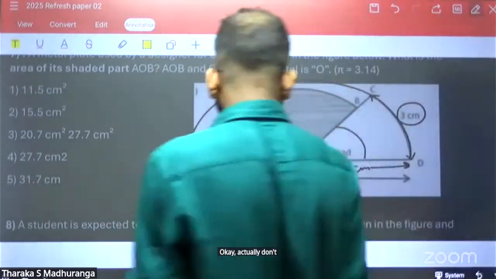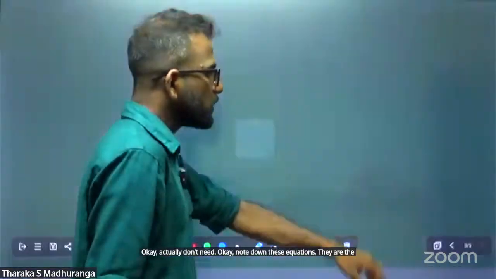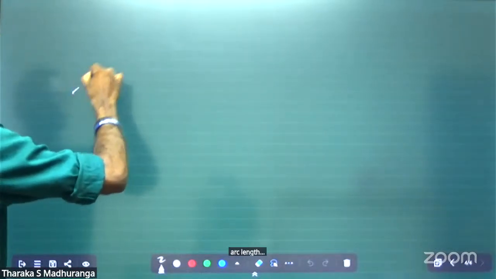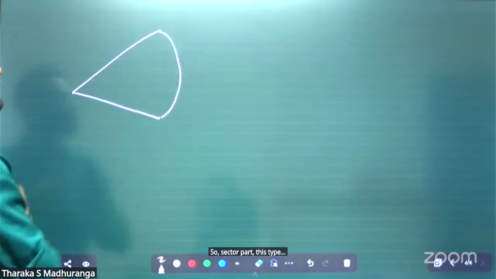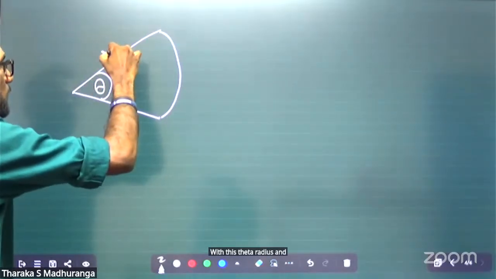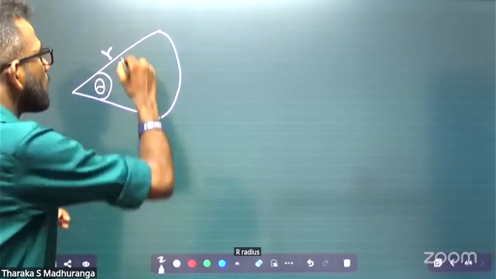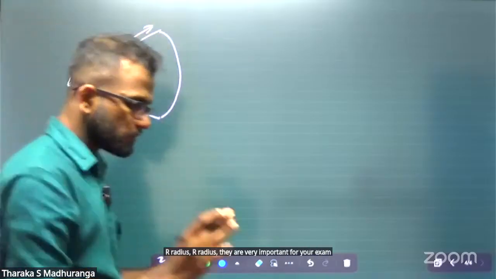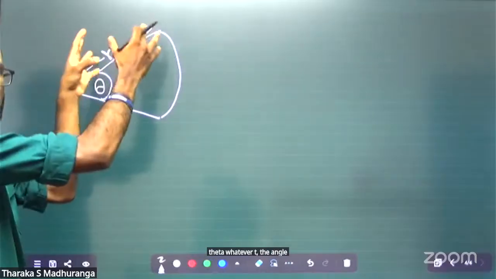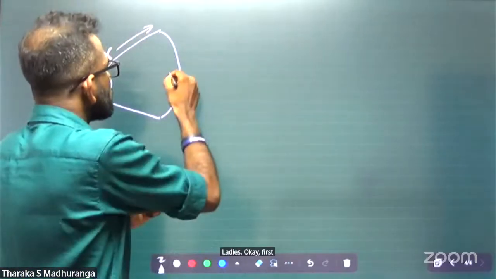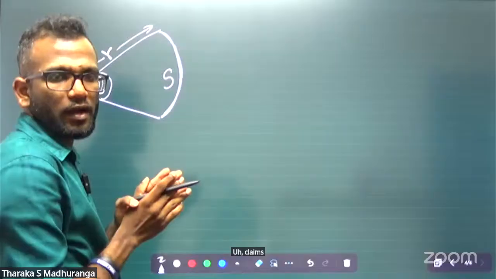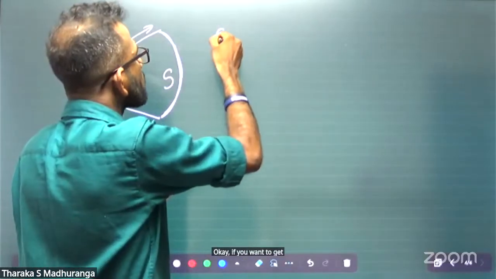Okay, actually we don't need that. Okay, note down these equations. They are the most important equations. If you get any arc length of a sector part with theta and radius r, they are very important for your exam. S means this curve arc length.